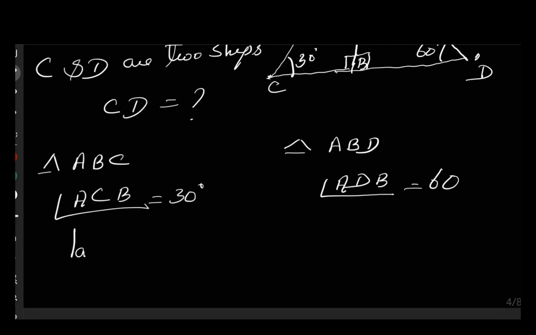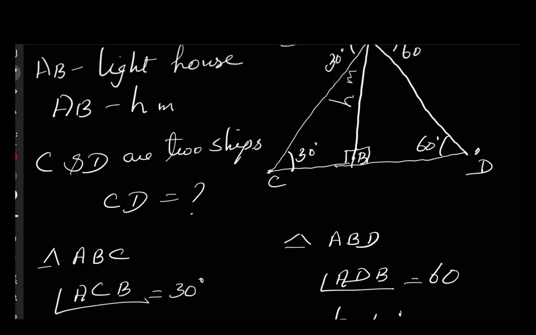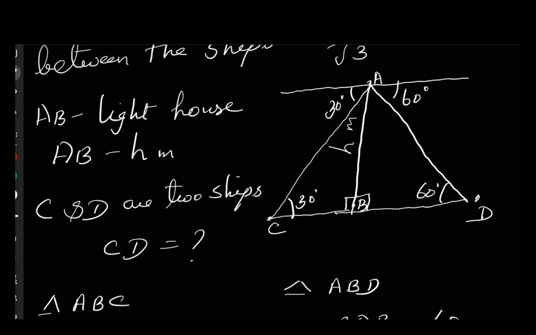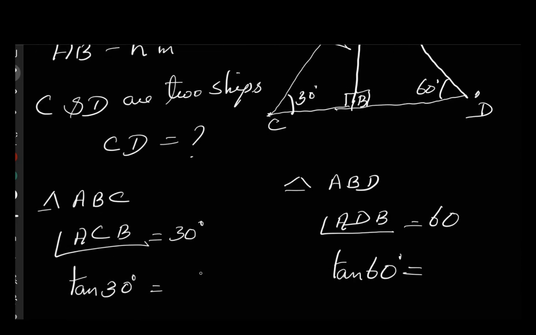So take tan 30, this is tan 60. Tan 30 is opposite side by adjacent side, AB by BC. Tan 60 again opposite side, AB by BD.